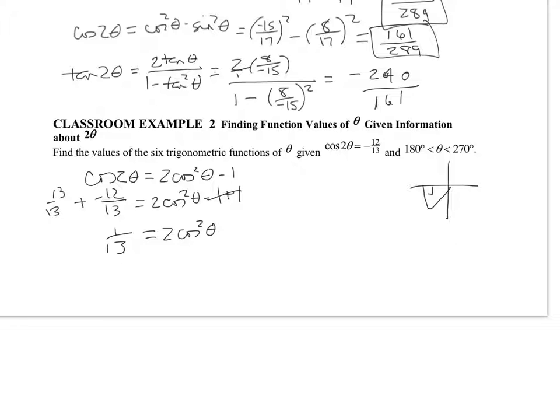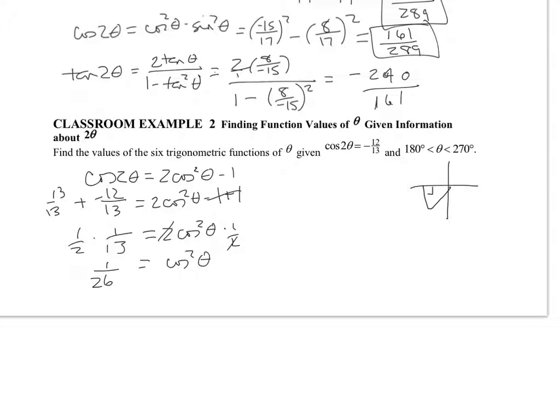Now, I'm going to have to do what? Right, I can divide by 2, or I can think of it as multiplying times 1/2. Multiplying by the reciprocal. That causes the 2's to cancel. And I know the cosine squared of theta is going to be the fraction 1 over 26. We're really close. How do we find cosine of theta now?